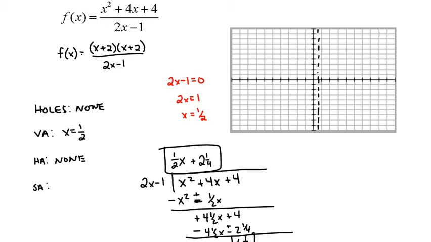So the slant asymptote is y equals 1/2x plus 2.25. I changed that to a decimal to make it easier for me to graph on my graph paper. It crosses at about 2 and a little bit more, and it goes up 1/2, up 1/2, up 1/2. So the slant asymptote is probably in there somewhere.